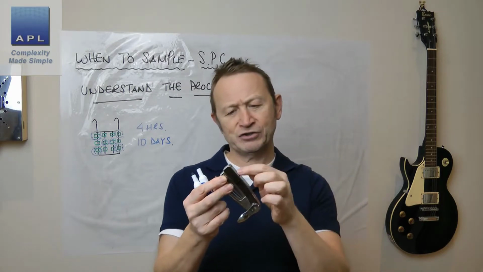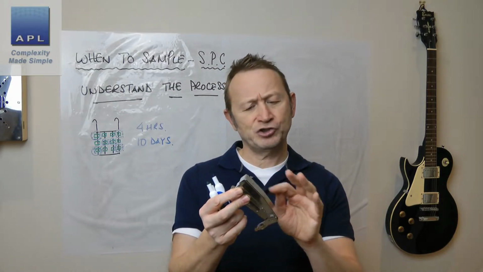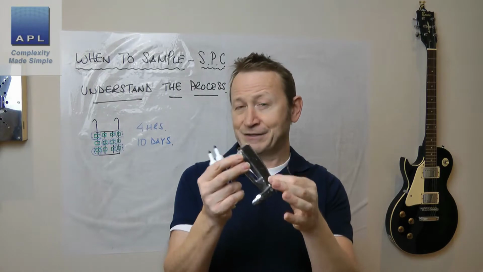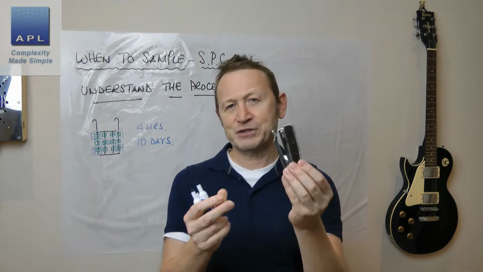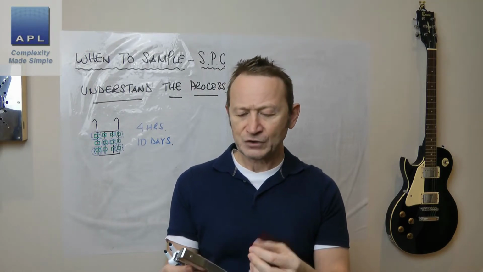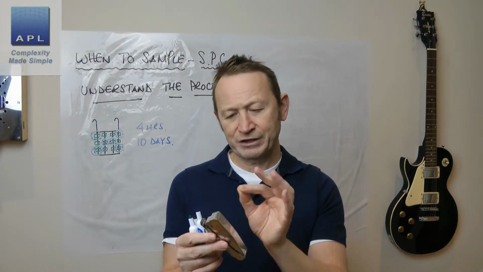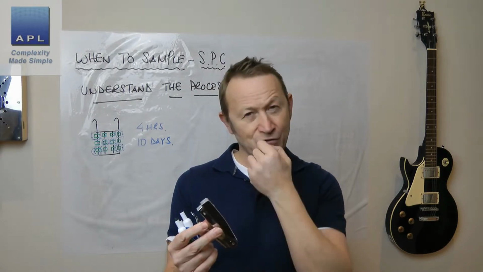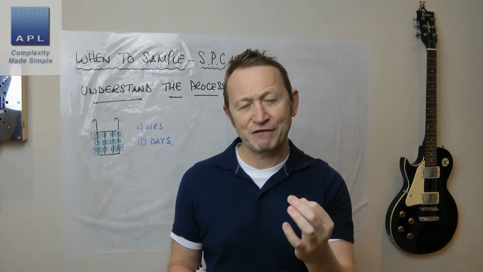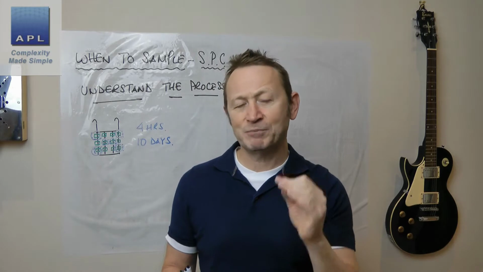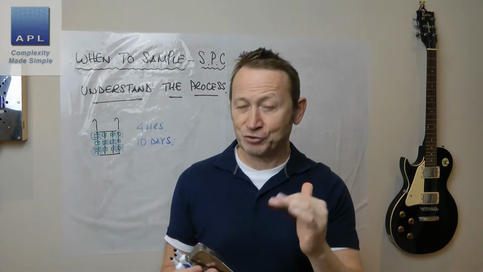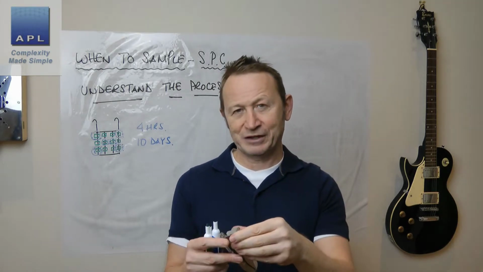Now, once I've got these parts, I have equipment and I can check the plating thickness for this particular product. But what I'm not going to do is just randomly put the probe onto this and get a reading randomly across this particular product. What I'm going to do is specifically measure it in multiple places, and we're going to make sure that we measure the same multiple places.